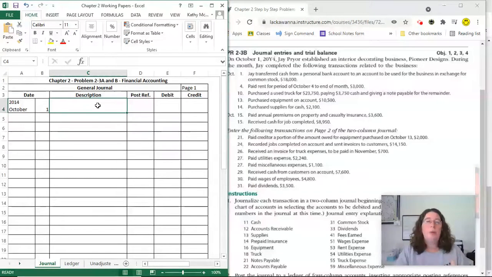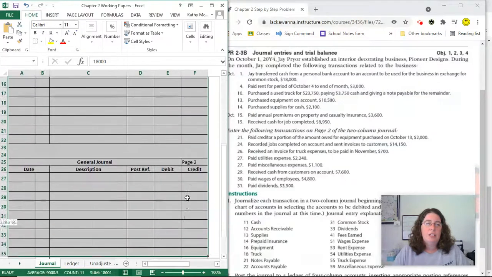Cash is an asset, and an asset increases on the debit side. So we have cash. We're going to leave the post reference column blank, and we have cash of $18,000.